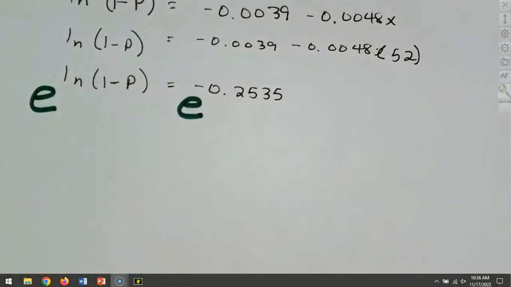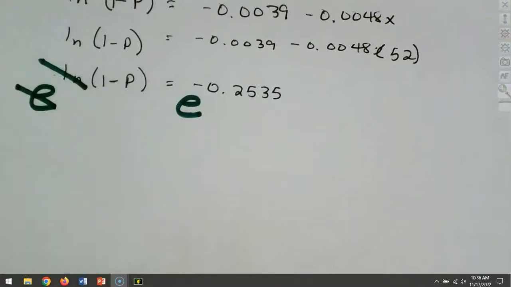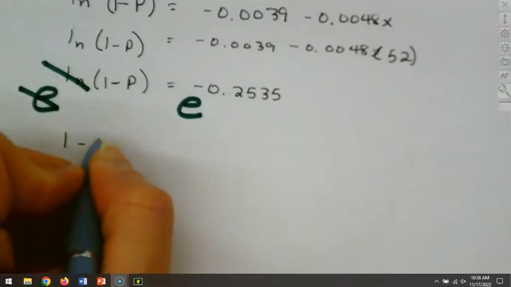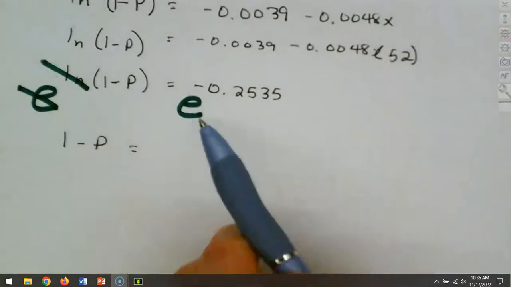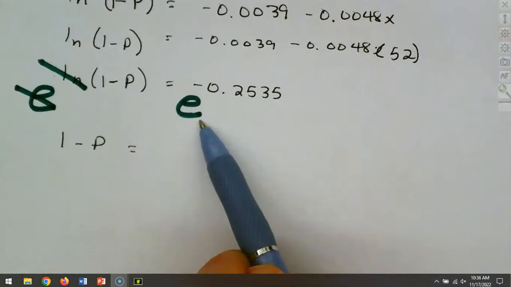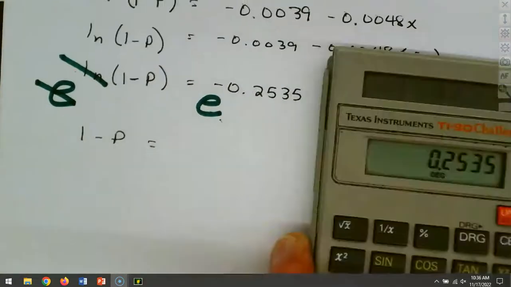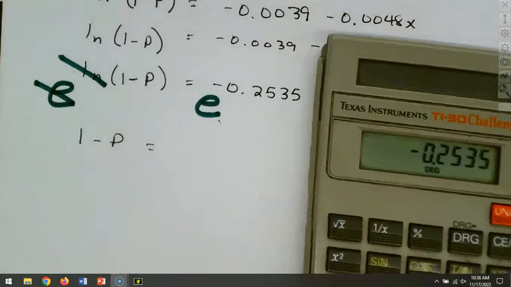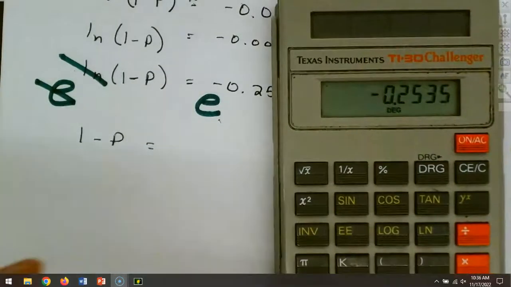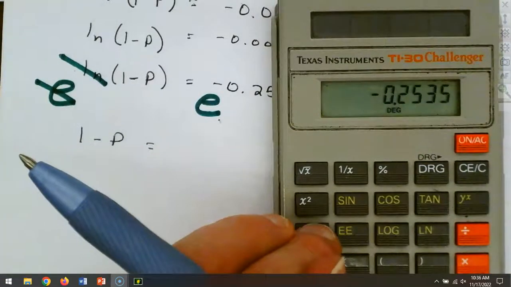Instead of the logarithm, we use an e. That and that cancel. So that gives me 1 minus p equals, and this we're going to use our calculator for. It's nothing but a calculator number. We take the inverse ln of that, which gives us our exponential.